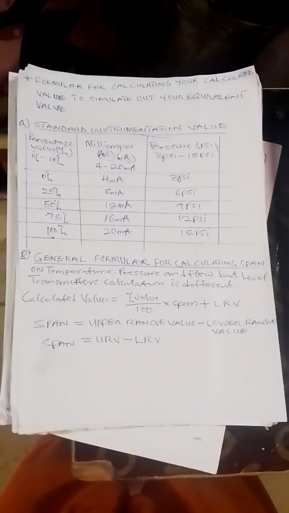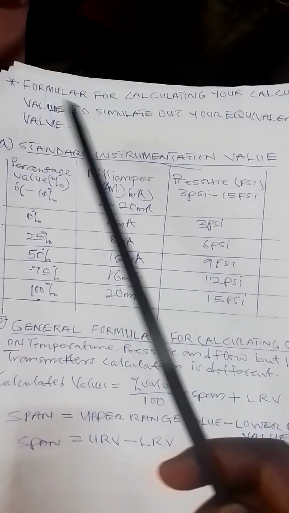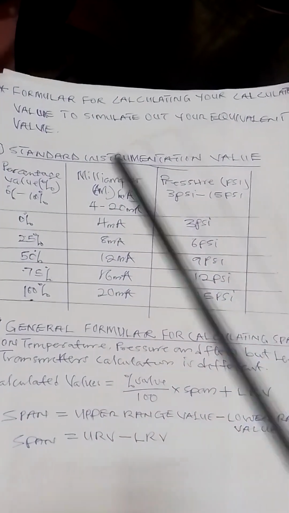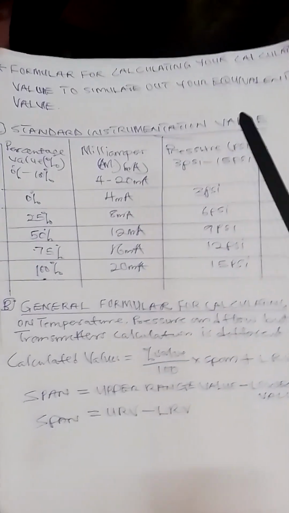We have some standard values. At times we compare the standard values for our calculation. What you can see is the formula for calculating your calculated value to simulate your equivalent value.